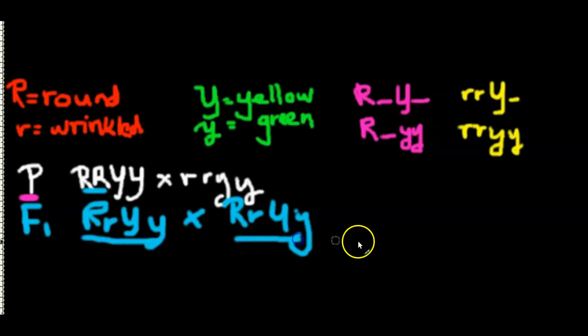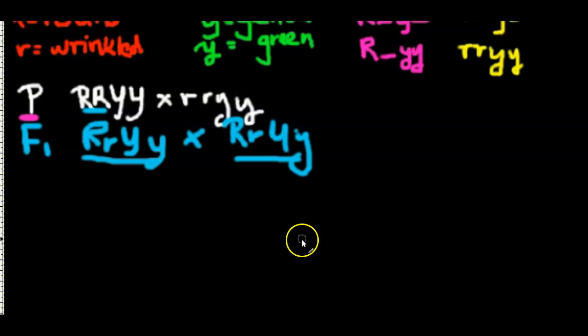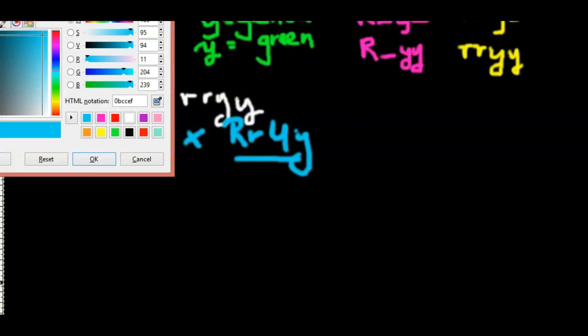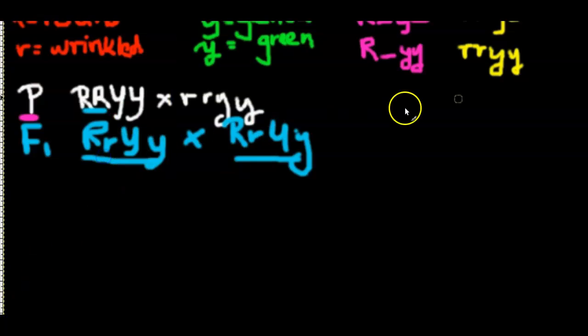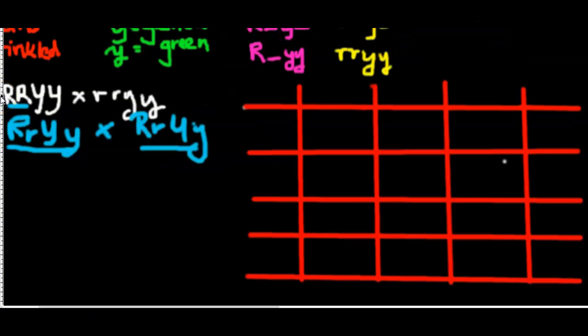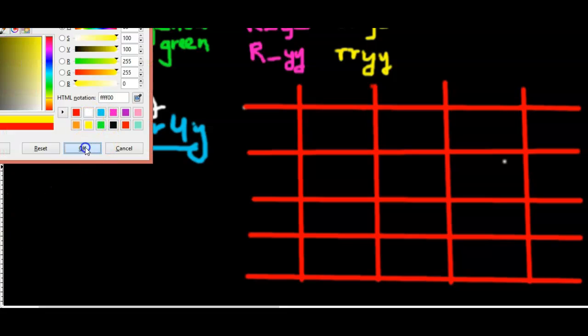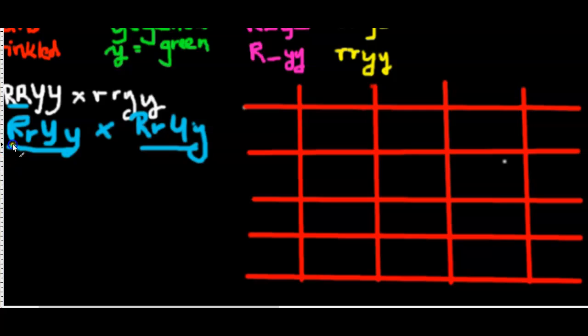And we're going to be using our FOIL method, and we're going to set up a big Punnett square. I'll do it right here. Let's make it orange. And then let's do our FOIL method. Add the 2 firsts.